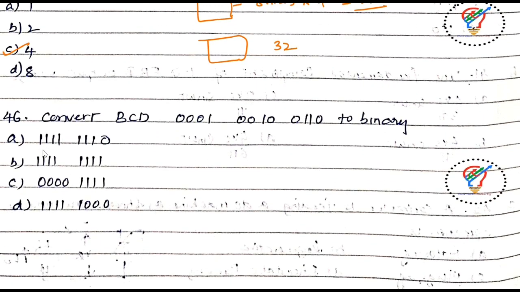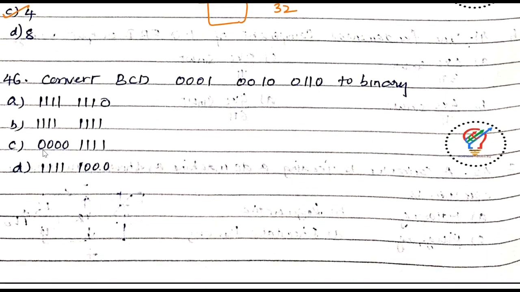Next one, convert BCD 0001 0010 0110 to binary. So this is a binary code here. First, we'll convert these values into their equivalent decimal value. That is 0001 is 1, this will be 2, and here it will be 6. Now, 126, I'll divide by 2.